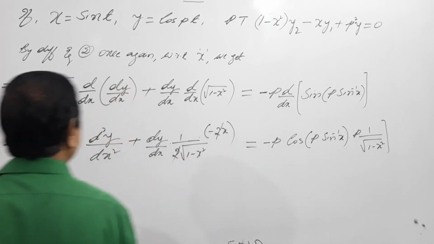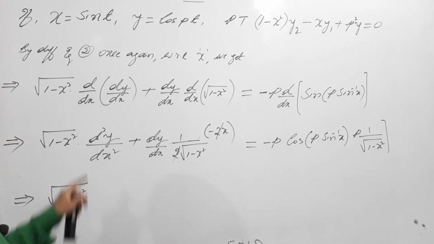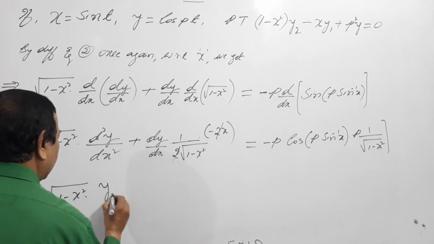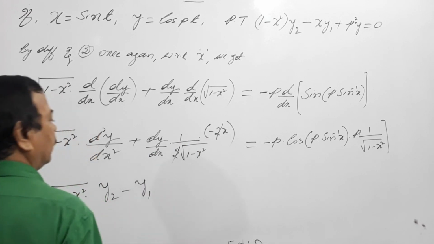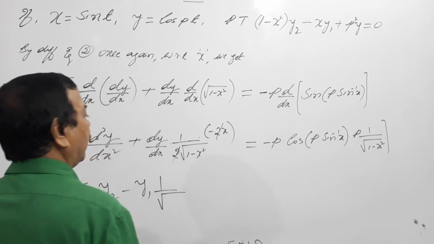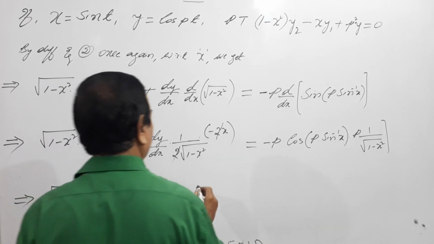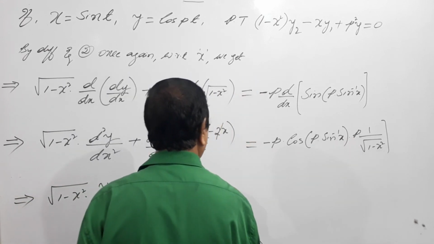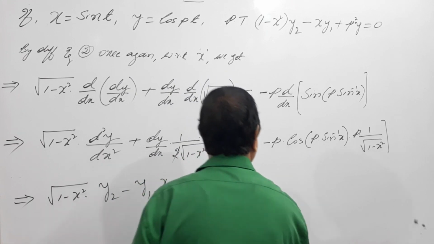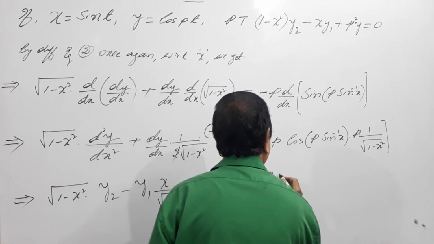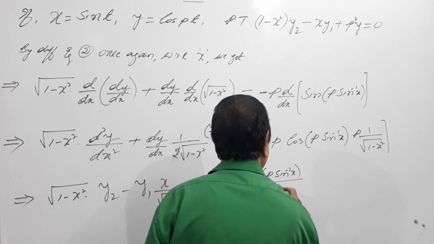Here this 2 cancels. So we get 1 minus x square into d square y by dx square, I can write it as y2, minus dy by dx, which is y1, into x by under the root 1 minus x square. On the right hand side, I will bring this p here, so this is minus p square into cos of p sine inverse x divided by under the root 1 minus x square.